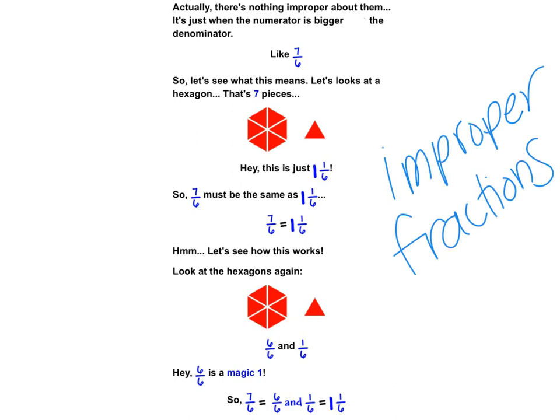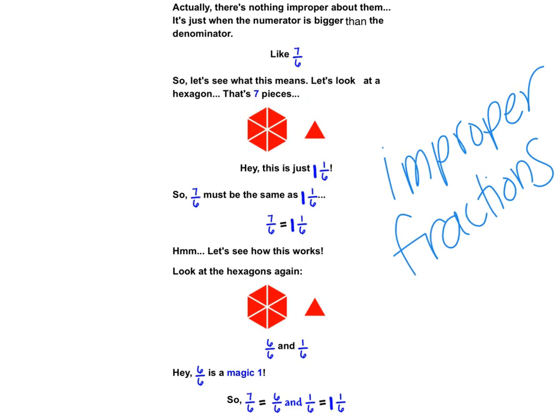That is a mistake. The correct text would be 10, like this. So it would be bigger than the denominator. Okay, here it says. So let's see what this means. Let's look at a hexagon. That's 7 pieces.